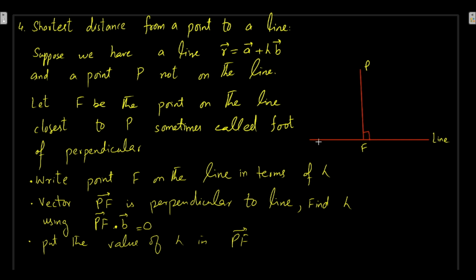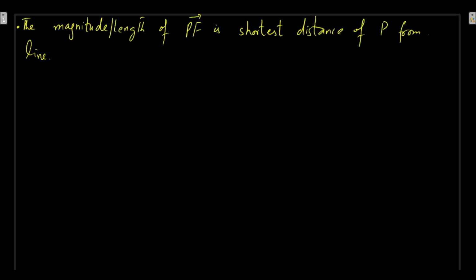Since PF vector is perpendicular to the line, PF vector is also perpendicular to the direction vector of the line, that is PF dot B equals 0. From this expression, we find the value of lambda. Next, we will put this value of lambda in the vector PF.